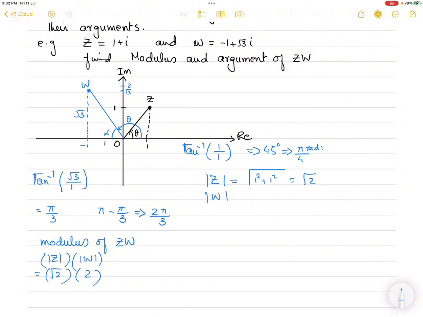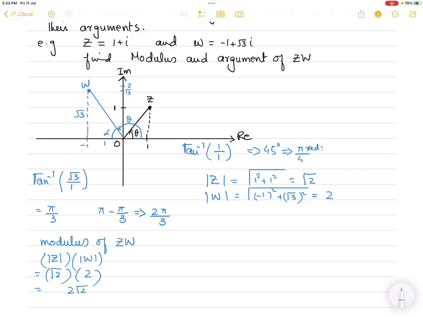And modulus of w is square of minus 1 plus square of root 3 whole under root, and this gives us 2. So modulus of zw would be 2 root 2.